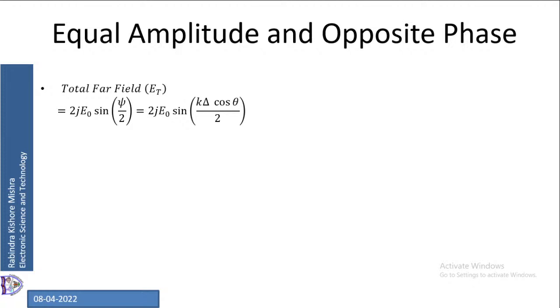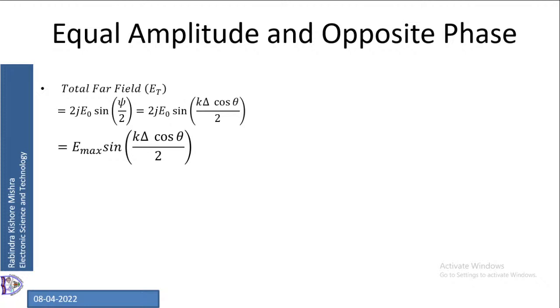Now psi is equal to, as we have seen already, k delta cos theta by 2 plus alpha. In the previous case alpha was 0. In this case alpha is equal to 180 degree.